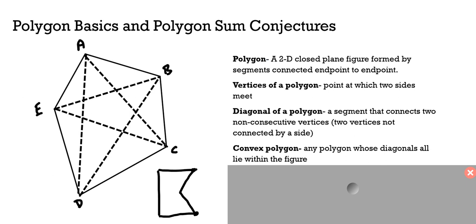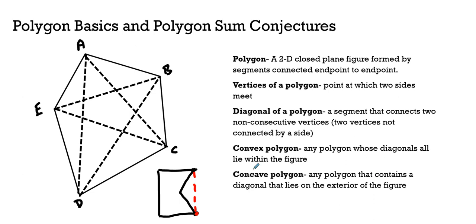But I can take this one and say, oh, there's a diagonal because these two vertices here are not connected by sides. That diagonal is on the exterior of the shape, and that makes it concave. So convex is all the diagonals lie within the polygon. Concave is there is a diagonal on the outside of the shape.